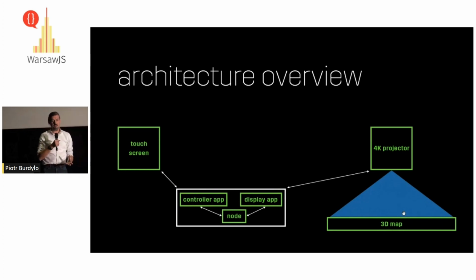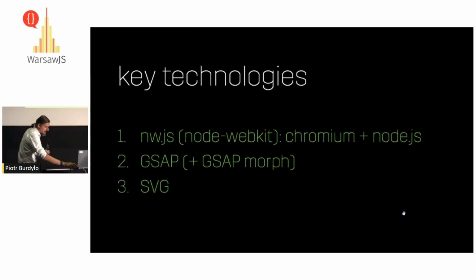We considered having separate boxes for those, and we were looking into performance, but we found out that just one PC is enough. It's connected to both a 4K projector and a touch screen. The controller app displays its front end on the touch screen and the display app on the projector.